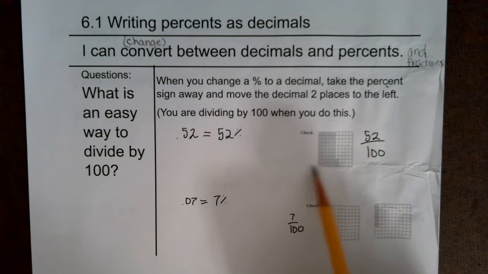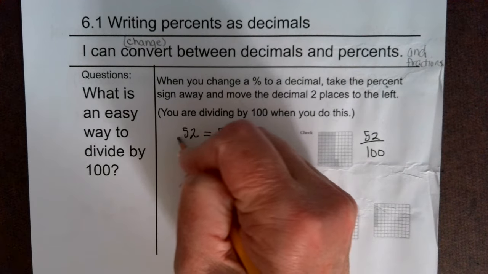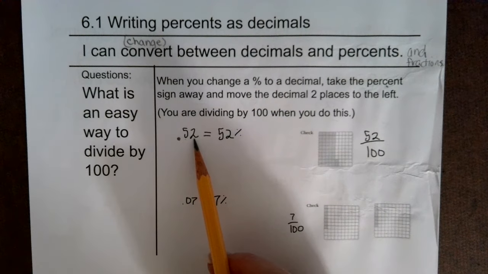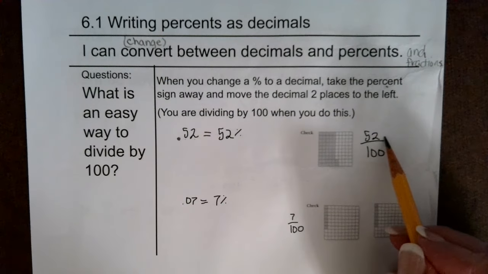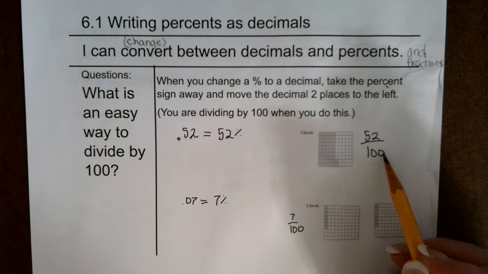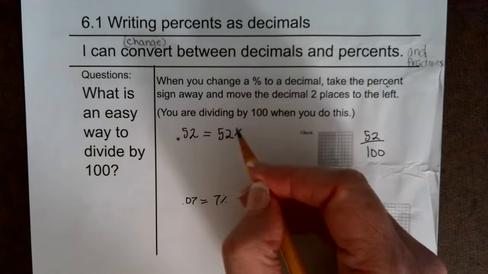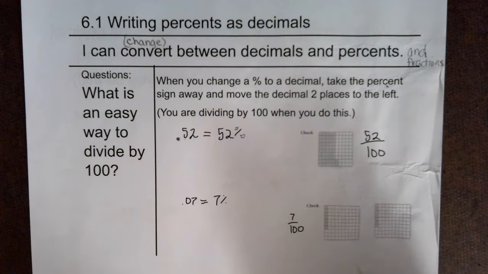So you did not have to draw this 52 hundredths on a 1/100ths block, but you did need to write 52 hundredths as a decimal, which is a decimal point and 52. That means 52 hundredths if I'm looking at a fraction, and then that is equal to 52%.